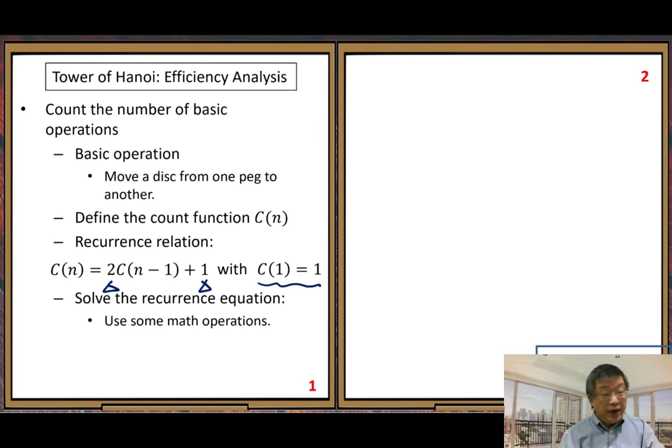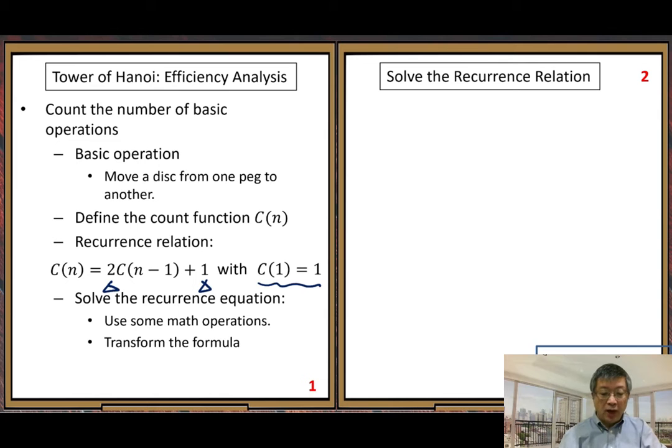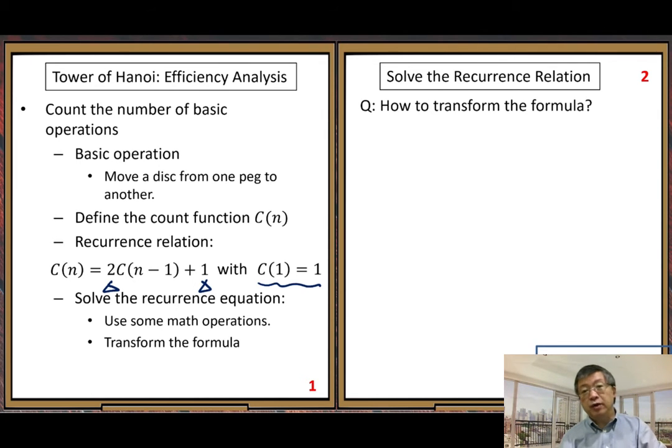But here, there is one basic method we need to use: transform the formula. We need to change the form of the formula. After we change the form, the problem becomes easier. So let me show you how to change the form.